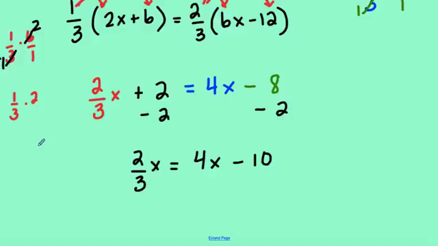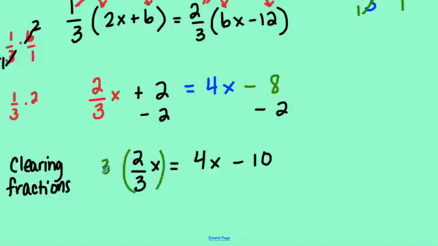The technique is called, wait for it, clearing fractions. Clearing fractions is a way to simplify an equation so there's no more fractions in it. To clear fractions, all you do is you find the lowest common denominator, which in this case for all the terms would be 3. And then you multiply every term by that number.